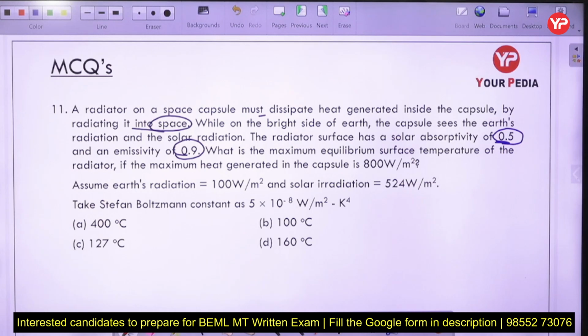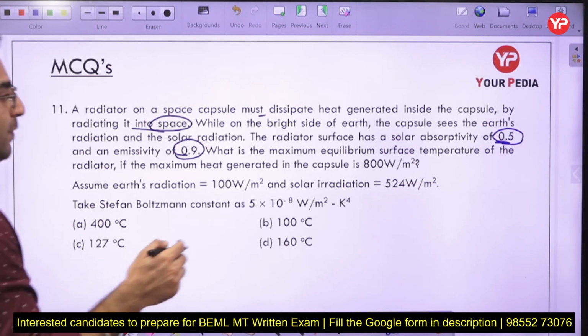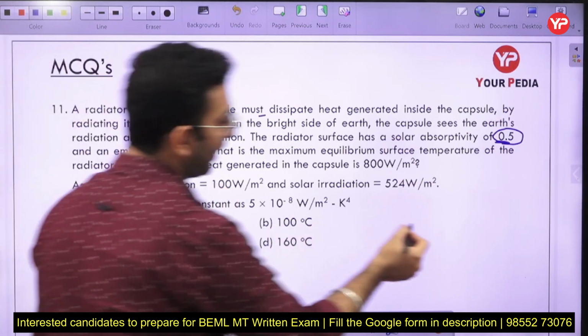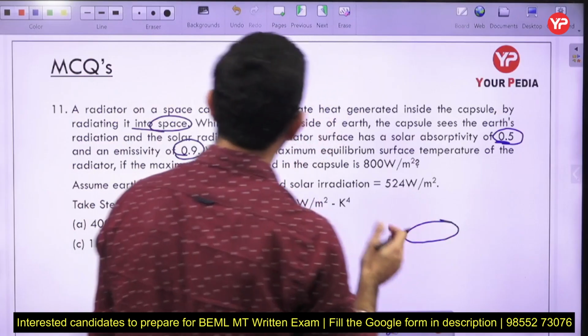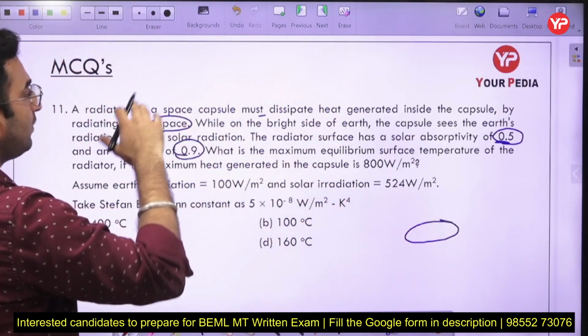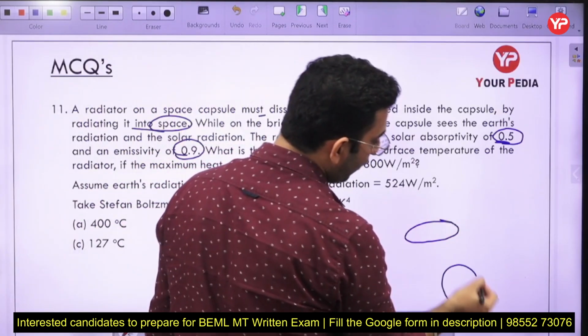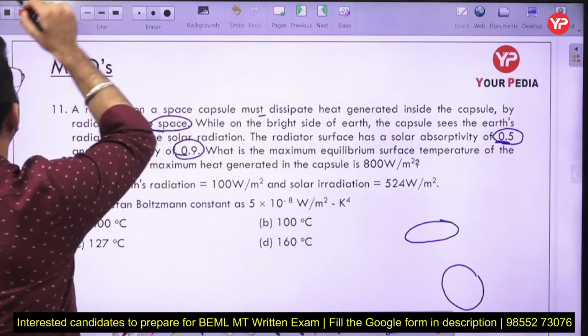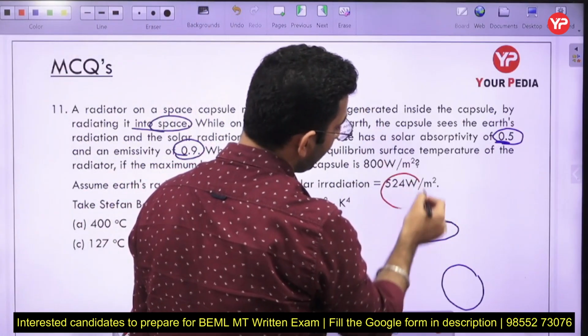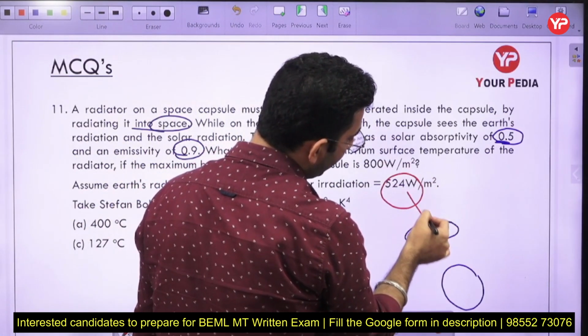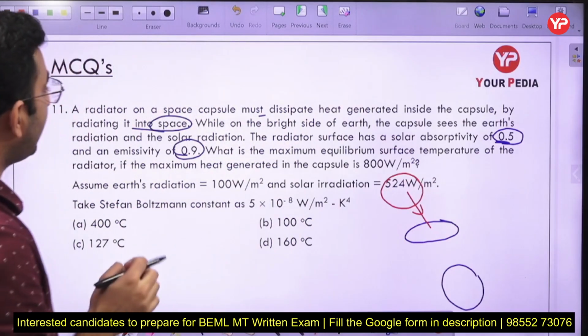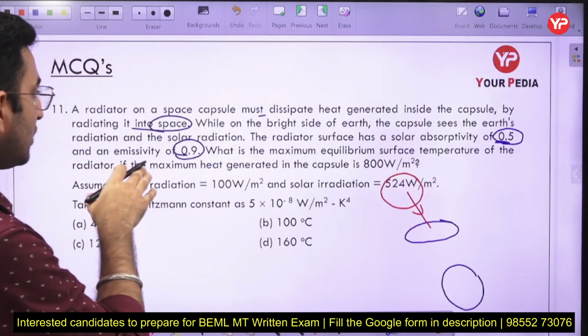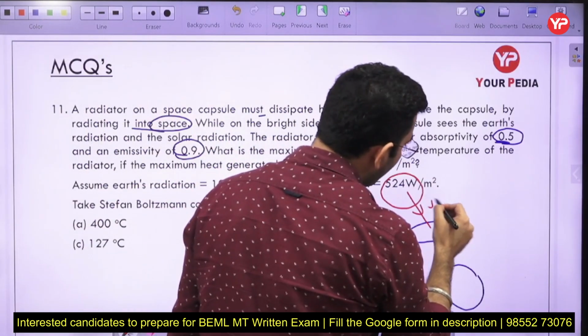So first of all, just see what is given to us. We have been provided with the capsule here. On one side of the capsule we have the earth, on the other side of the capsule we have the sun. Now from this sun to the capsule, how much energy is going to be entering here? It is given to you 524 watt per meter square.